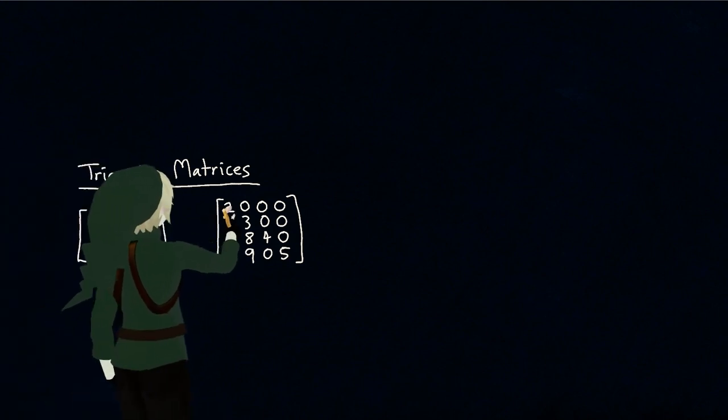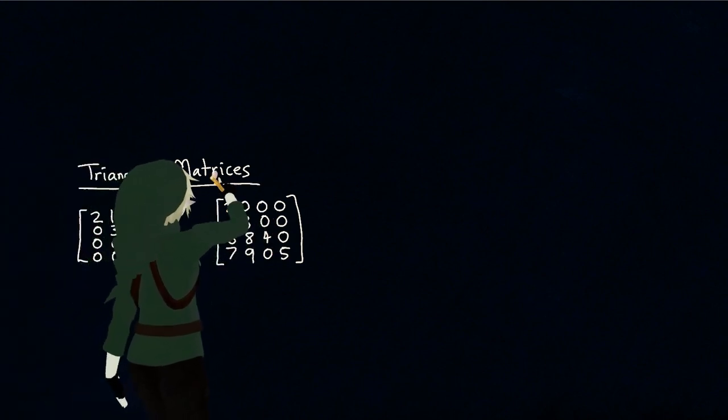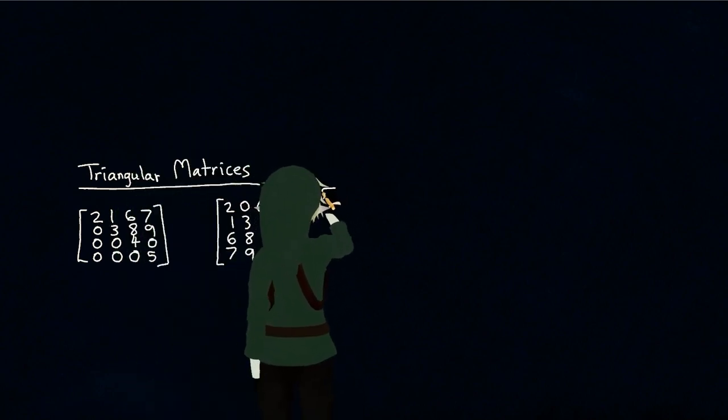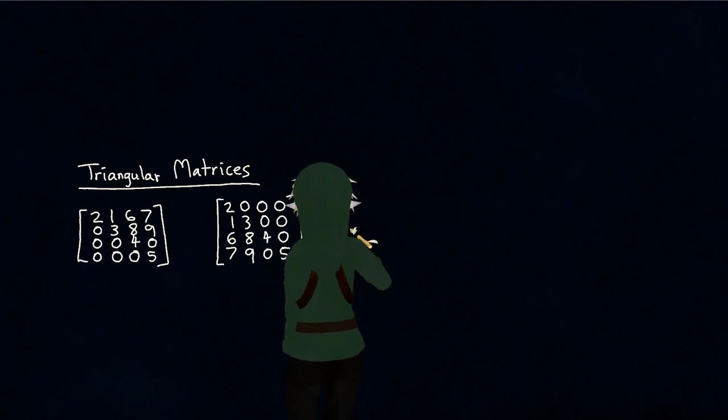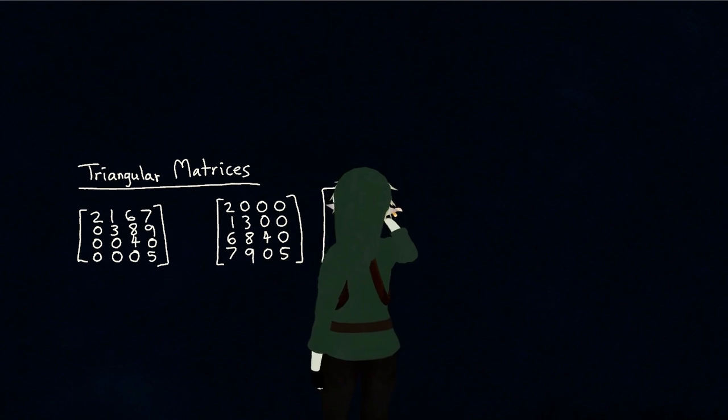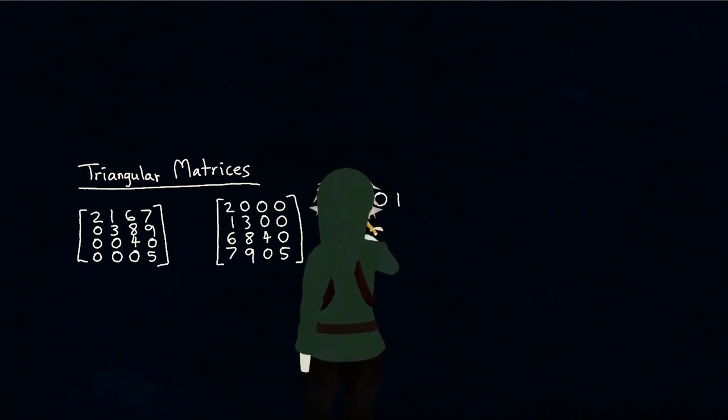In fact, it doesn't even have to be in this direction. It could be the other direction too. We can also have a bunch of zeros on top, like this direction as well. I'm very lazy, so I'm just going to write this.